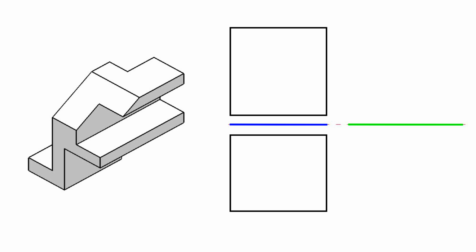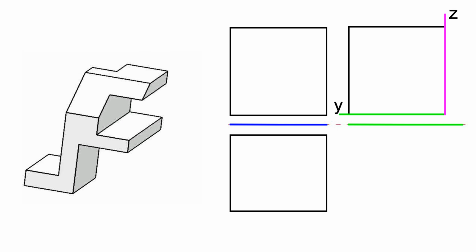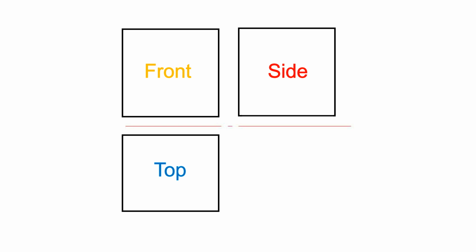In the positive direction, to the right, it represents the y-axis, guiding the depth of the left side view. In first-angle projection, the left side view is placed on the right side of the front view.